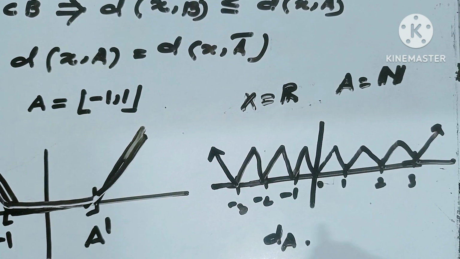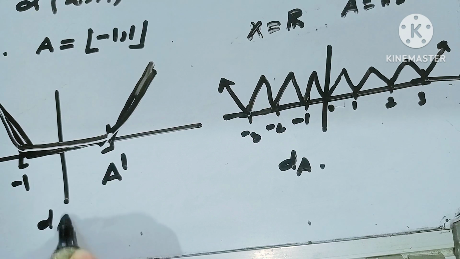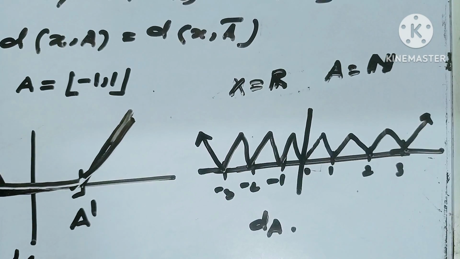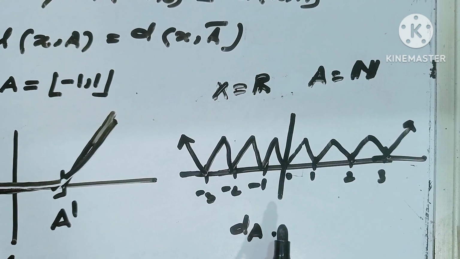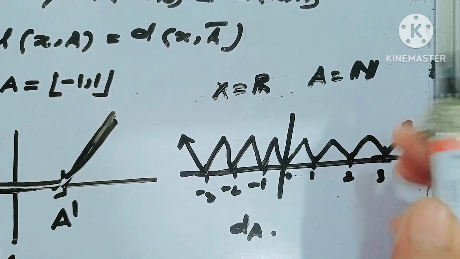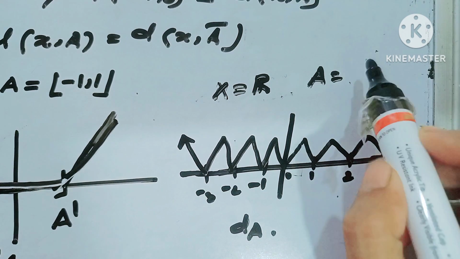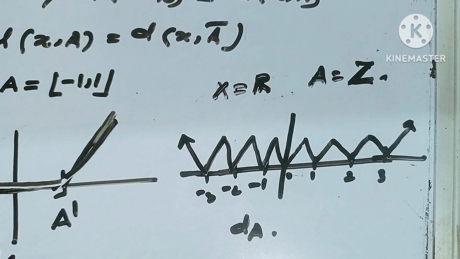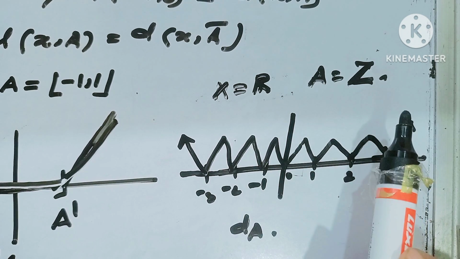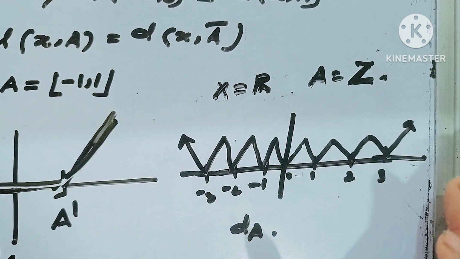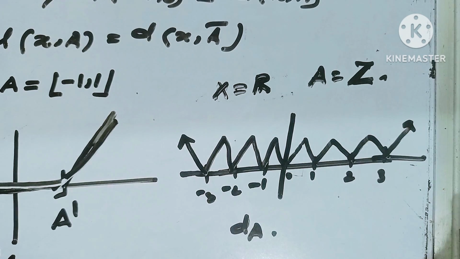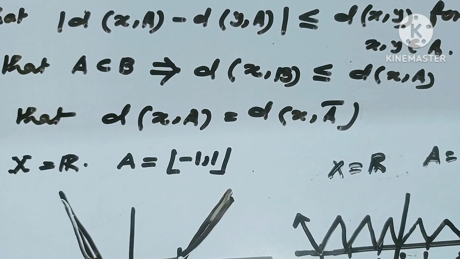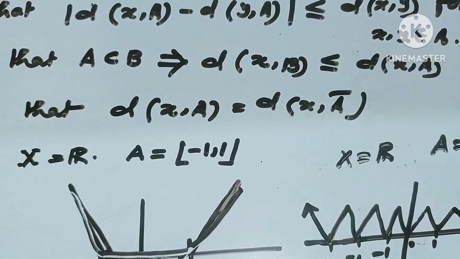This is d of xA. This is also d of xA. Here A equal to natural numbers. And here, not N, consider A equal to integers. So I have considered also minus 1, minus 2, minus 3. If A equal to natural numbers, then only this part. I hope all my viewers have understood how the infimum distance to a set works.